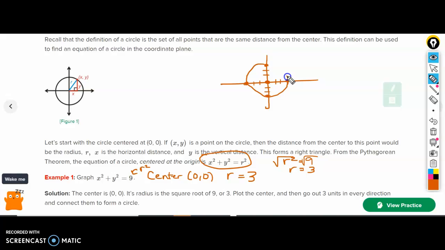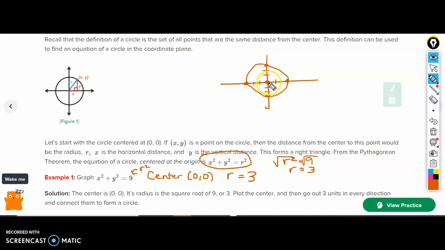Ooh, I don't have a compass or whatnot, and I don't think I can use my circle tool appropriately, but that is a terrible circle. I'm sorry, but that's how you graph it. Okay? So you start with the center, you find your radius. In the equation, that radius is squared, so we have to unsquare it.